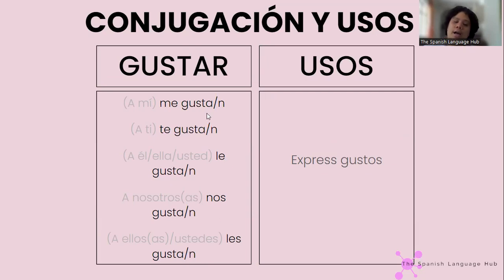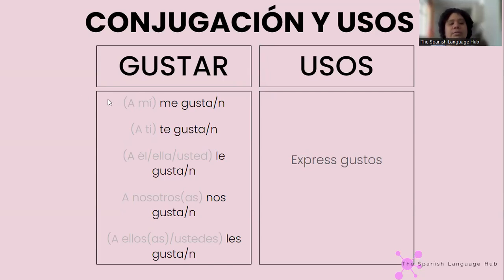Okay? Gustar is conjugated depending on whether the word is singular or plural, meaning the thing that you like. Because gustar means to like, by the way. Express your likes. So we're gonna see in the examples. But let's read the exercises.